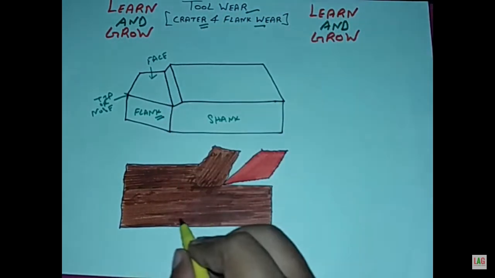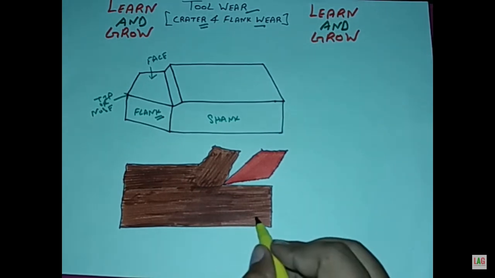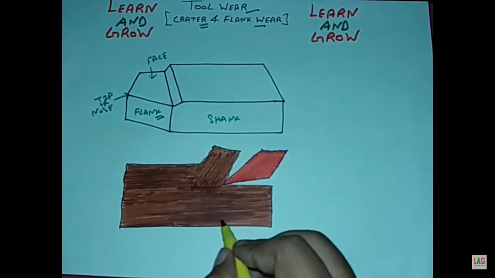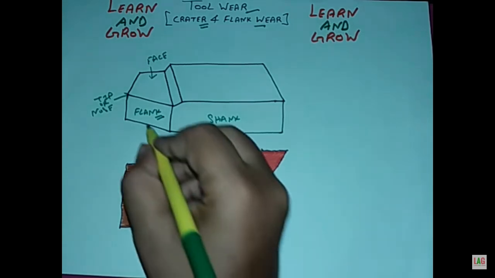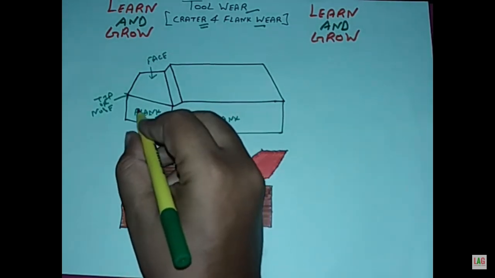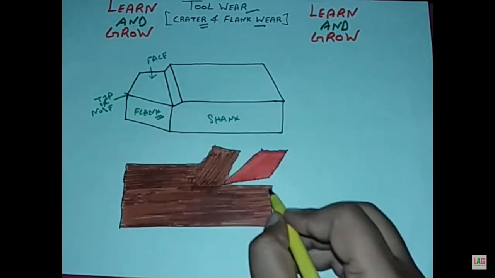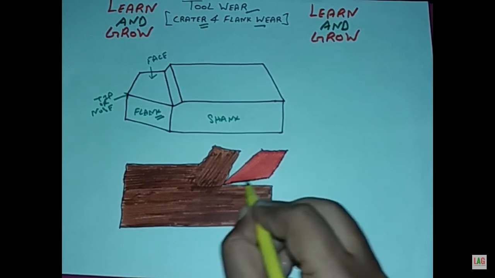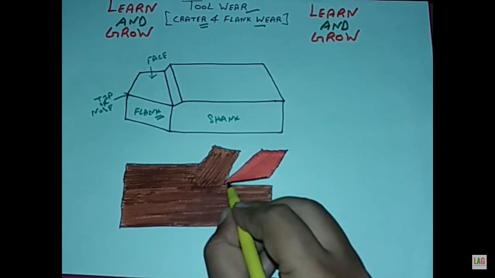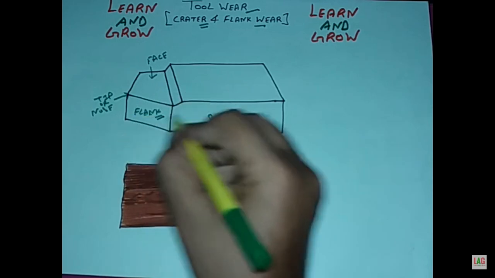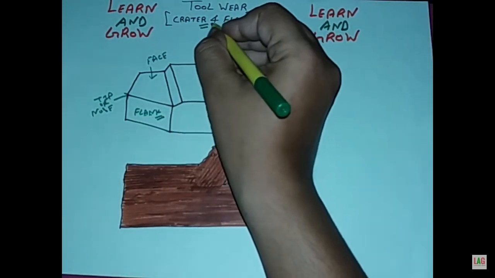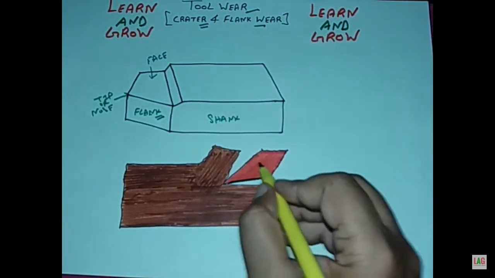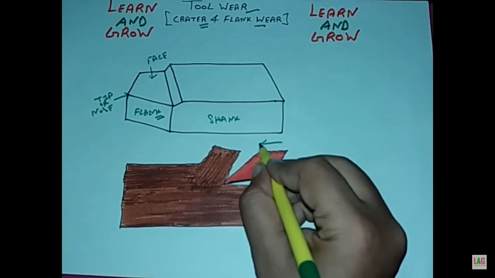So you observe the shank, that is the rake face, the tool flank, and that is the tool. Tool failure occurs only on the tool, that is called tool failure or tool wear.